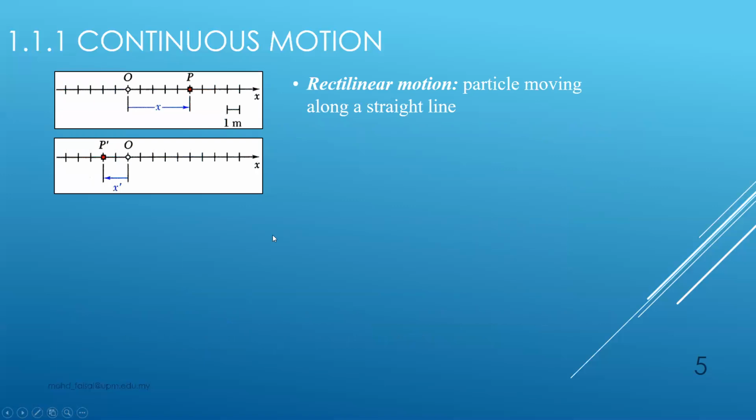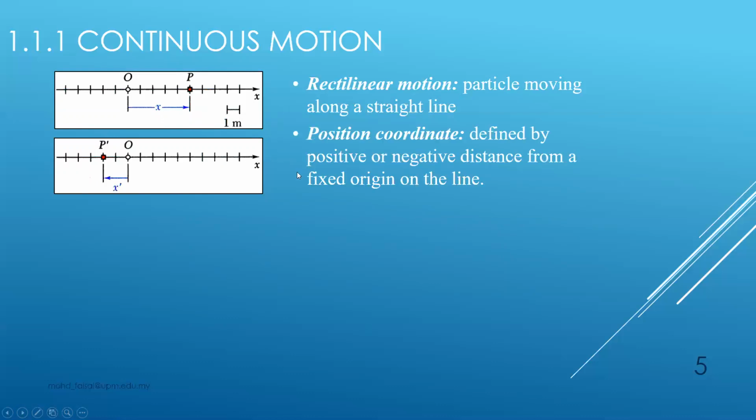Rectilinear motion: a particle moving along a straight line like this. Initially, the red dot here is at the point on the left, then moves to the right and stops at point B. For the position, the coordinate is defined by a positive or negative distance from a fixed origin on the line.